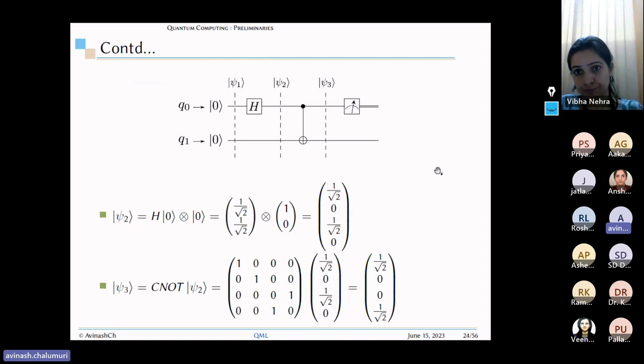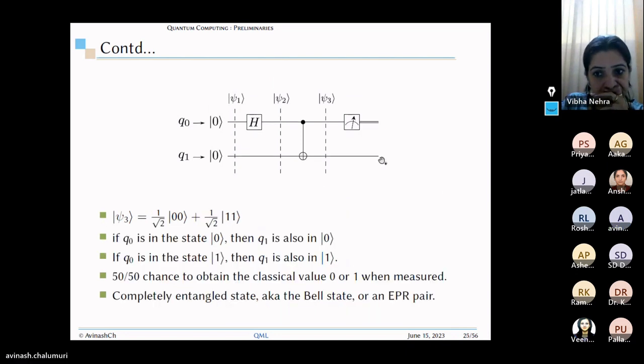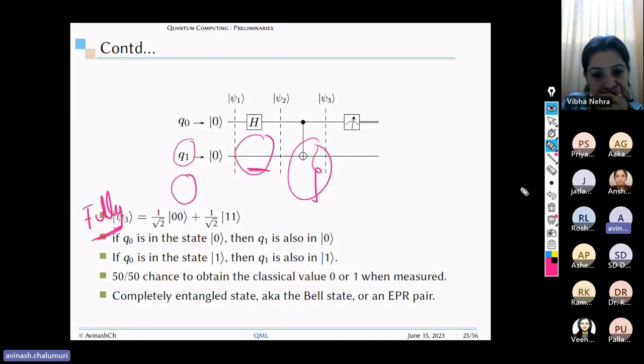This is the mathematics behind that. I don't want to go deep into it. I'll share this slide so that you can look at the matrix operations and all. As I told, it will push it into an equal superposition of both 00 and 11.